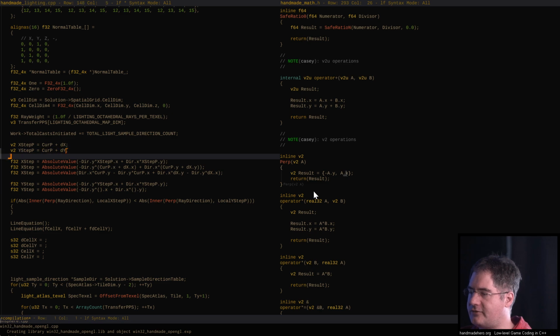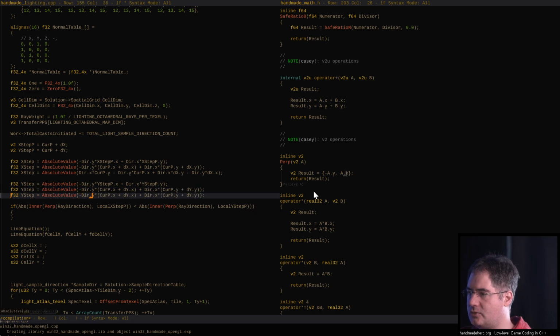So if we substitute in this for y step, like so, then we have our dot x's and our dot y's, and you distribute the dir y in both cases, like so, and the dir x in both cases, like so.